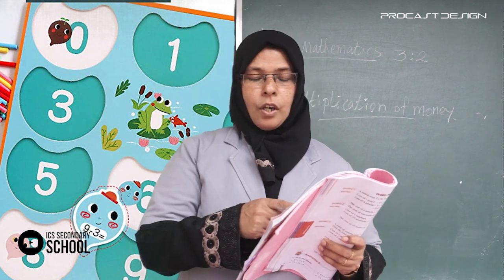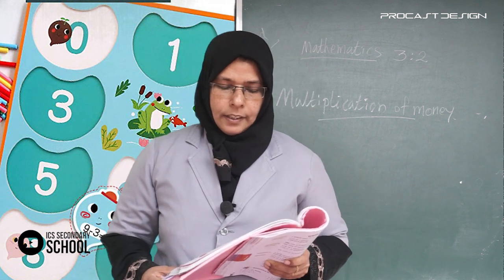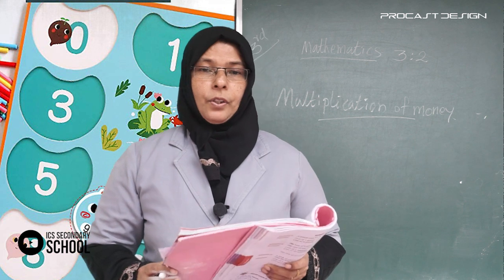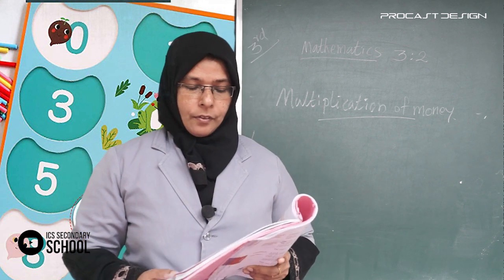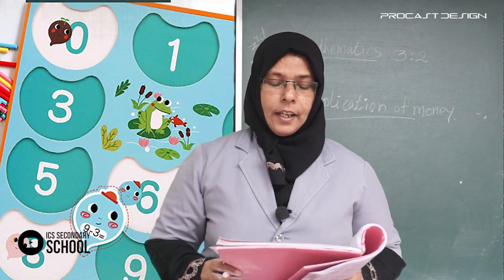There are 4 problems. You solve these in your notebook. Next, C, solve these word problems in your notebook. All of you read the questions very carefully and write them in your notebook and solve these problems.